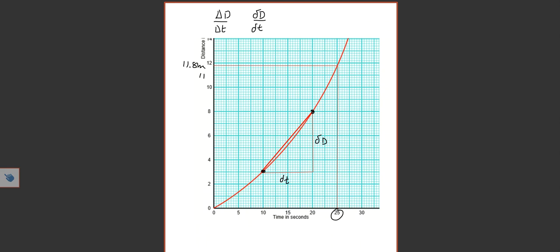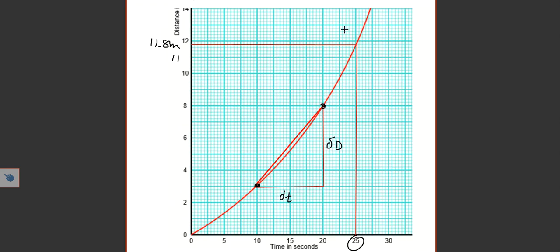Now, if I wanted to know the speed at a particular point, rather than the speed between 2 points, how could we do it? That's the point I'm looking at. Any idea how you could find the speed at a particular point?